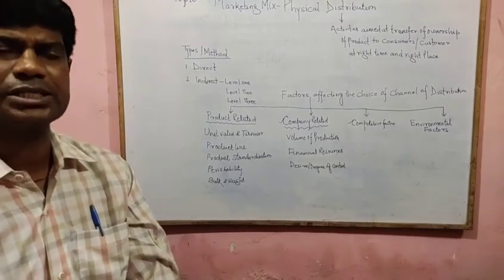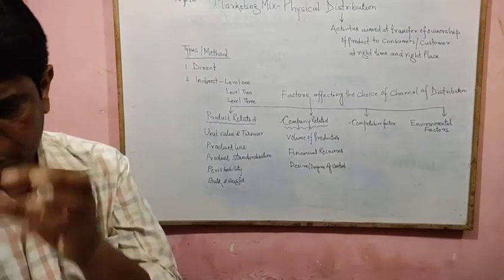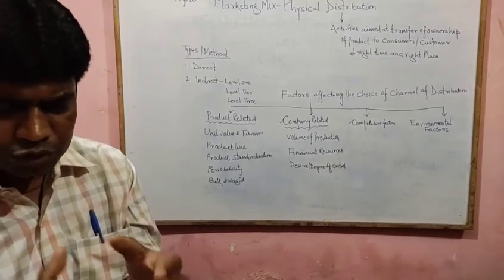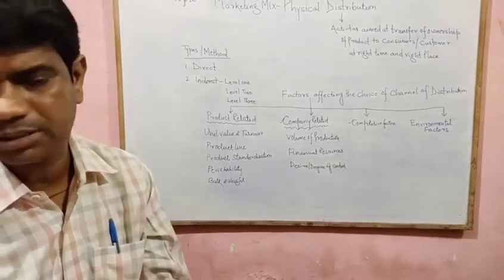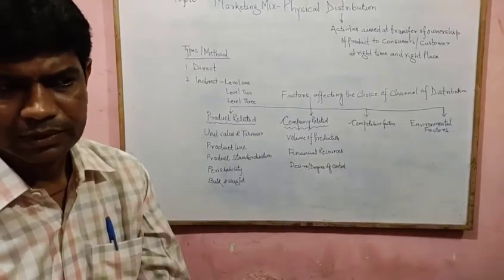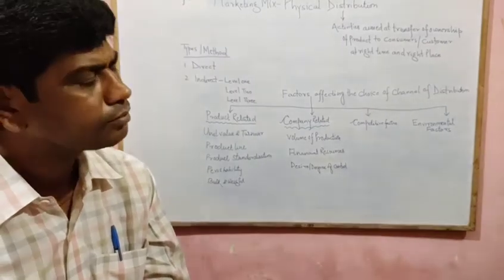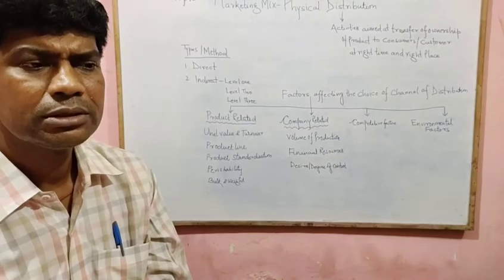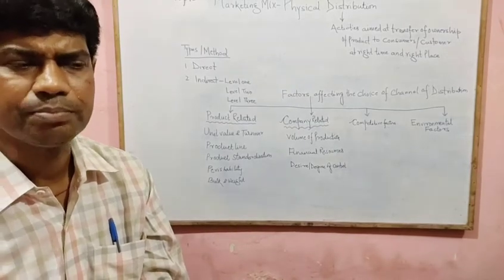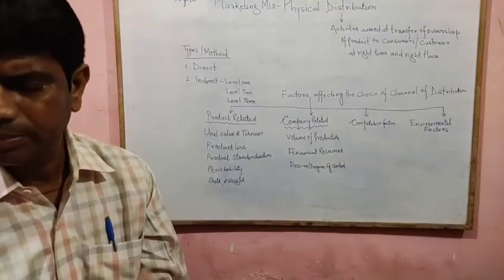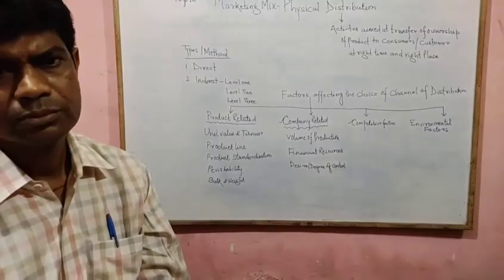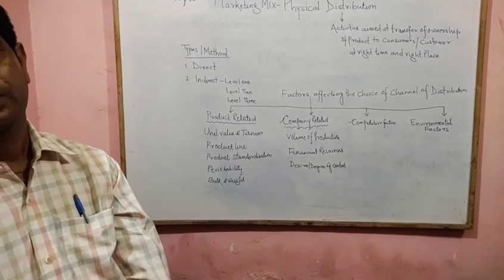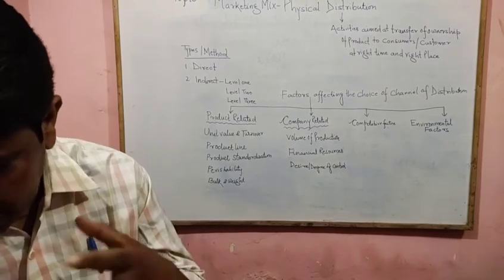Then the buying habit of the customer in a market also affects the choice of a channel. Usually we find customers who have a frequent buying habit, even though they may not have financial backup. They look for credit to buy or fulfill their needs, and they go for repeated purchase.